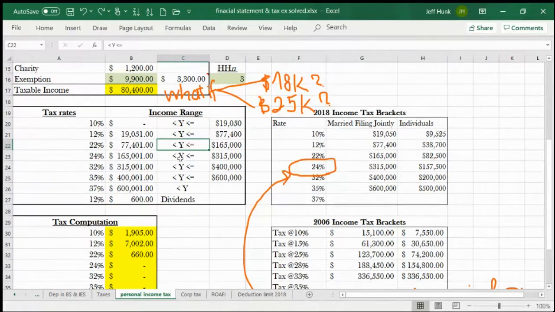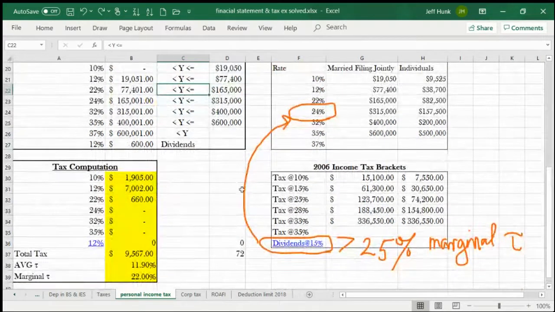For me, my marginal tax rate is 22%. So I won't be subject to paying this 12%. That's good.